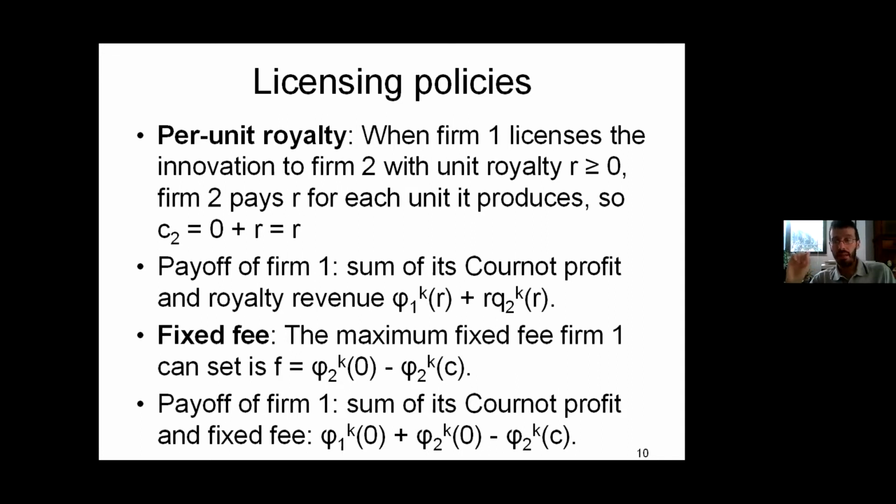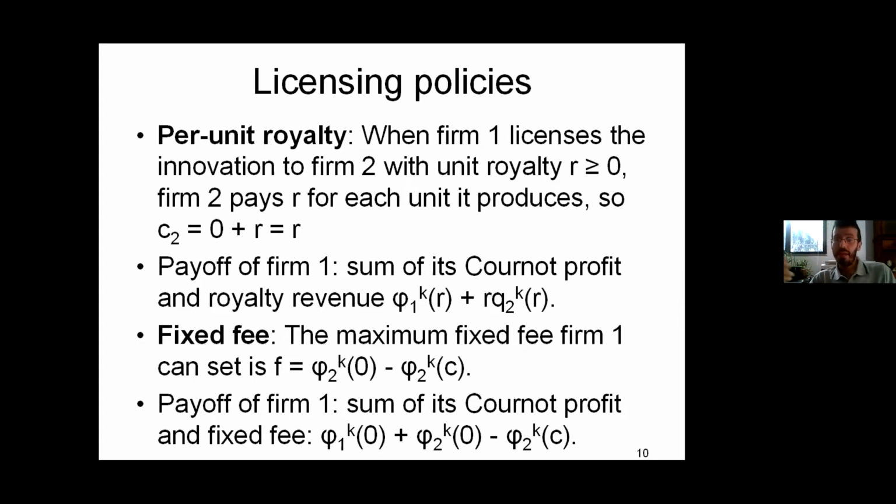Basically, when firm 1 licenses the innovation to firm 2 with unit royalty r greater than 0, firm 2 has no production cost anymore, but clearly it has to pay the royalty to firm 1, so its effective marginal cost is r, because that is the per unit amount that firm 2 is paying to firm 1. And so the payoff of firm 1 is given by the sum of its Cournot profits and the royalty revenue.